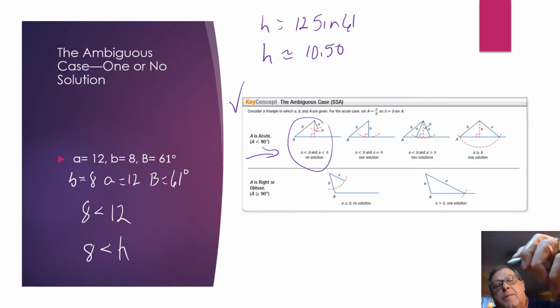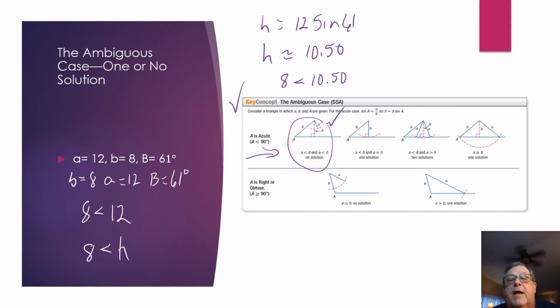And now I'm going to compare 8 and roughly 10.5. Well, 8 is less than 10.5, the height. And so it does fit this first scenario. The side opposite the angle I know is less than the other side that I've been given. In this case, 8 is less than 12.